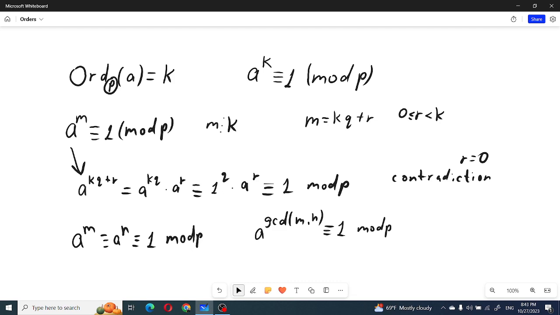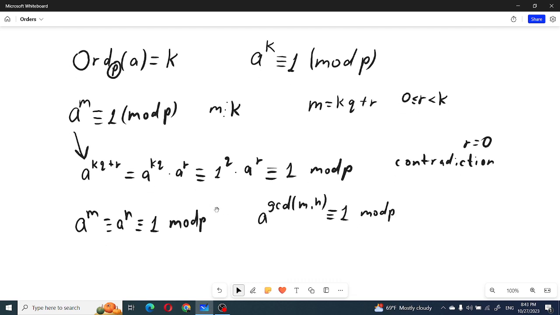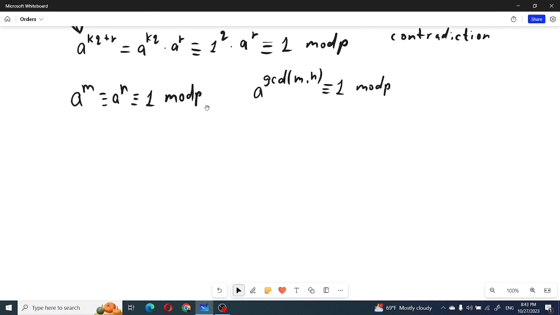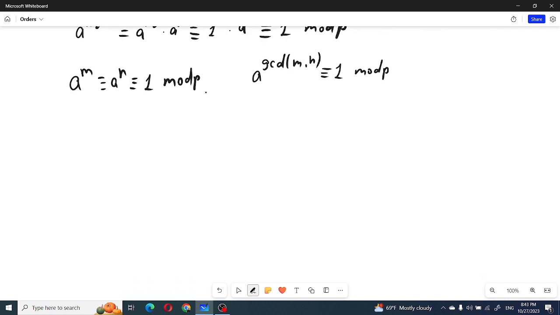To prove this, we need to use Euclid's extended algorithm, which we have discussed in the previous videos, and also inverse remainders. Because we know that a to the m equals 1 mod p, we can see that a to the mk equals 1 mod p.